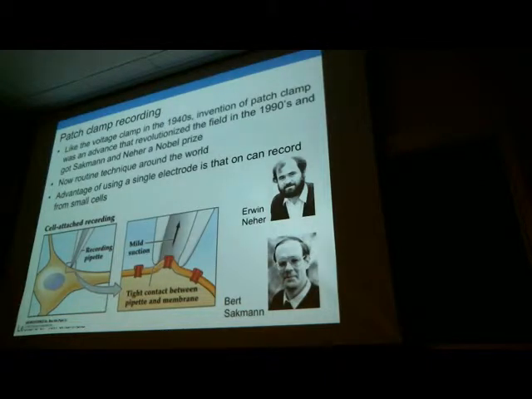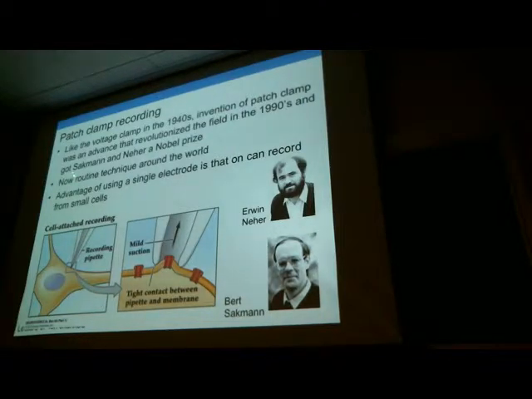But they're all dependent on the same core principle, and that is that we're going to use a micropipette, like a little glass capillary, that has a very blunt end that then sucks onto the cell membrane. Here's a blow up of this region. It's going to attach very tightly onto that membrane, and presumably that membrane contains the ion channels that we're interested in.